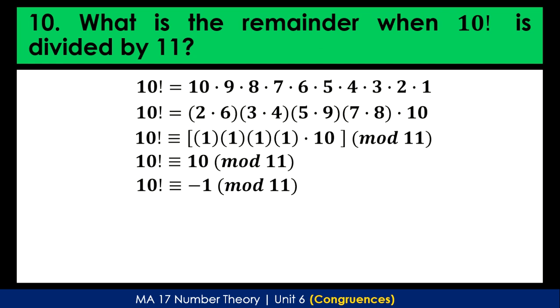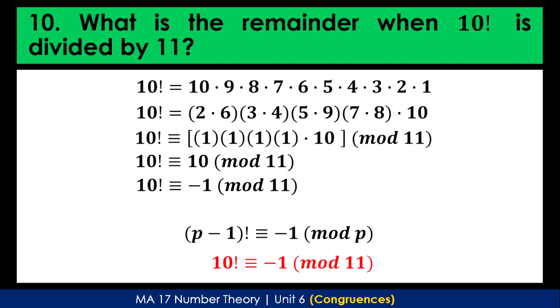So 10 factorial is congruent to negative 1 modulo 11, which is true if we utilize Wilson's theorem, provided that our P here is 11. It's prime, so 11 minus 1 is 10 factorial, and 10 factorial is congruent to negative 1 modulo 11. So it's true.